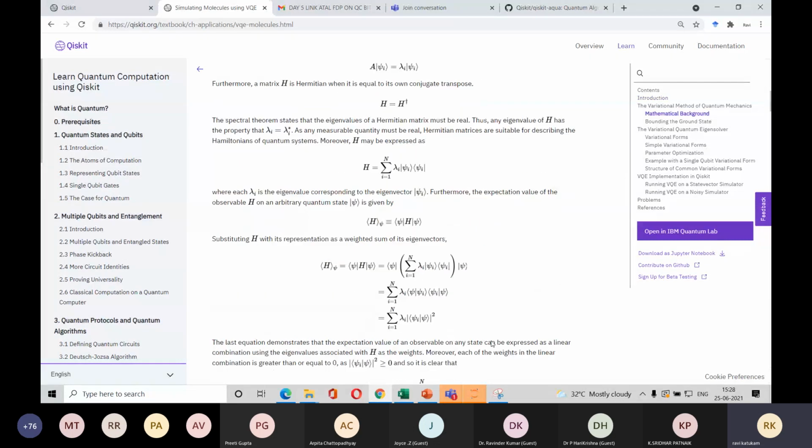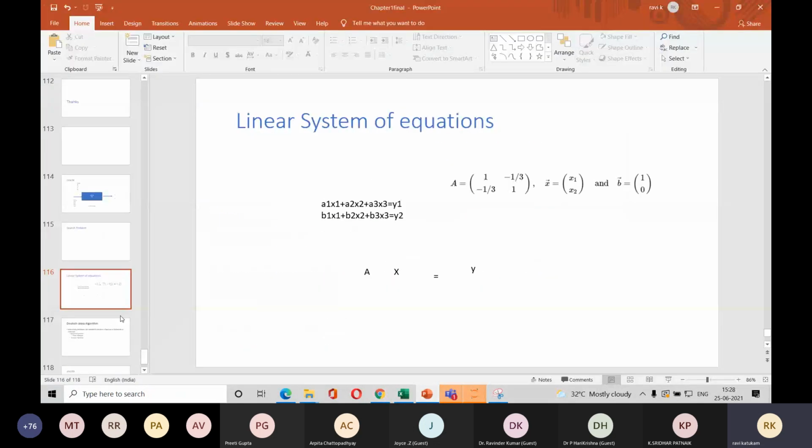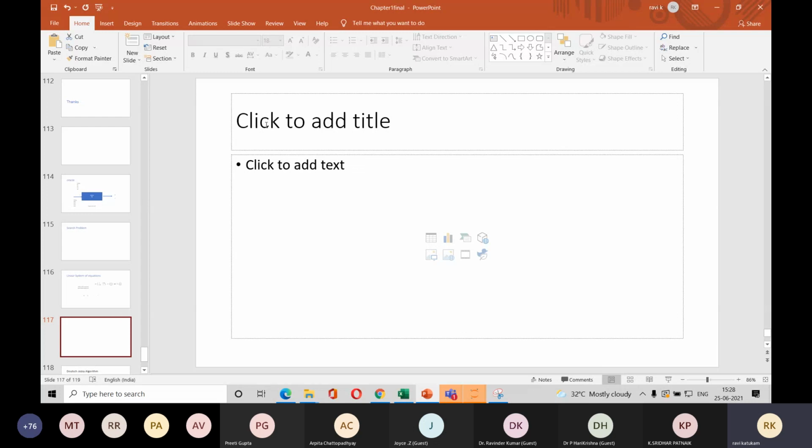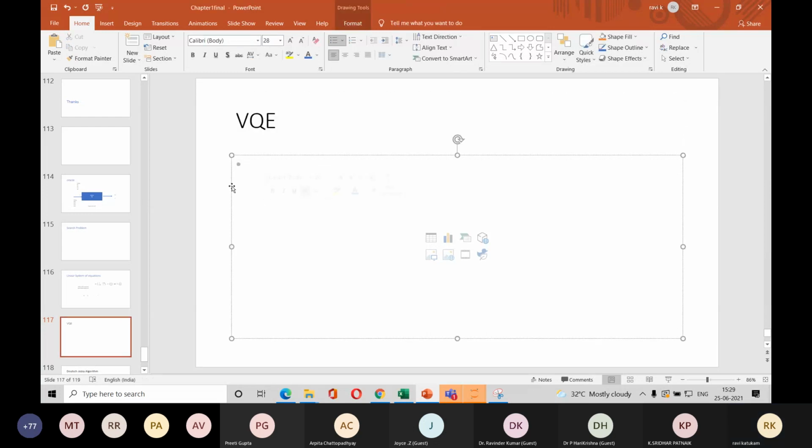So what is this variational eigensolver? See, let me put it in simple terms. Many times you encounter this word VQE. VQE expresses the system as a combination of spring mass systems. That's what you can imagine.